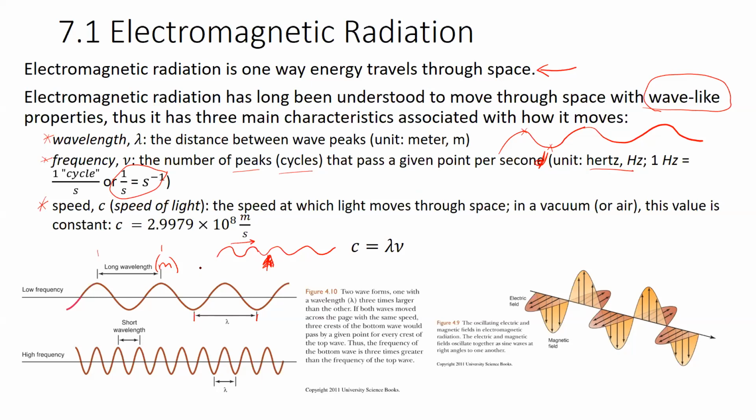Now, when we look at speed, the speed of electromagnetic radiation, we abbreviate that with c, and that's the speed of light. Okay, so speed of light is really measured as speed of light in a vacuum.